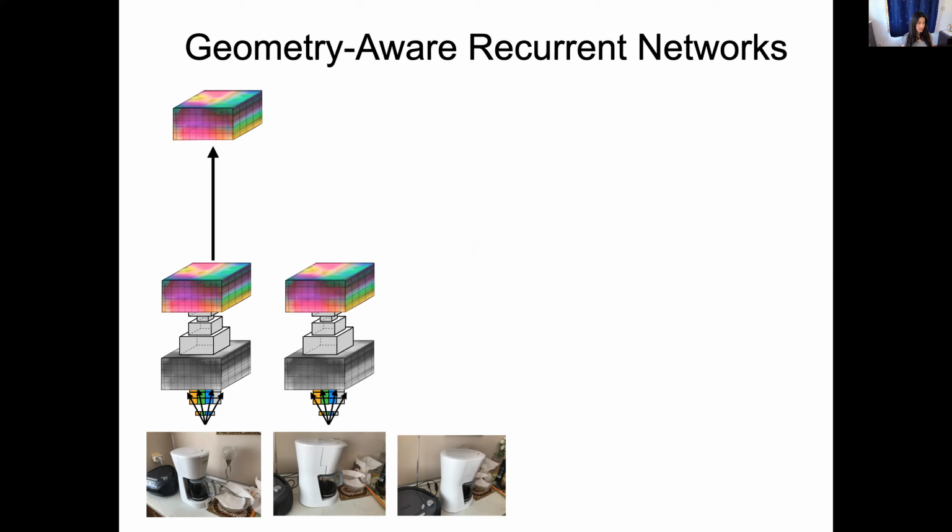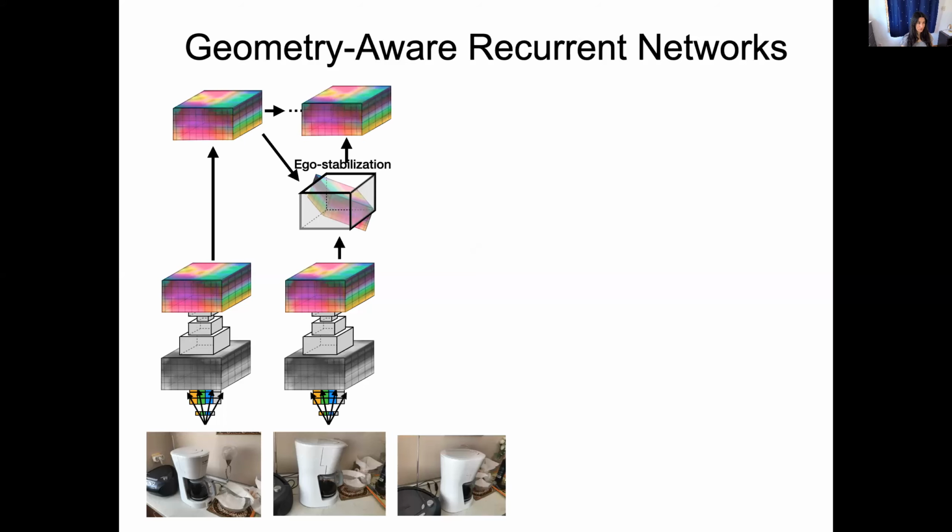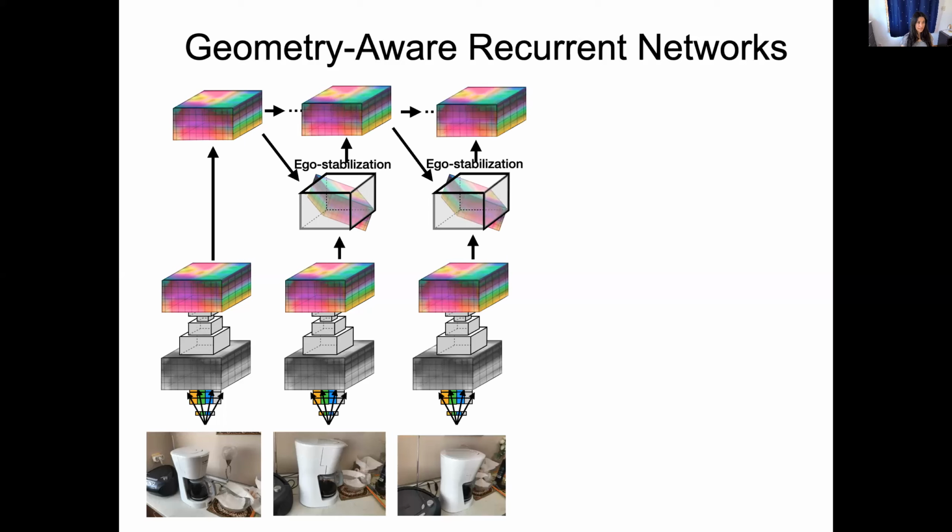And in the next frame, you do exactly the same thing, but before accumulating information, before fusing those 3D feature grids, you first estimate the 3D rotation and translation of the camera and use it to appropriately transform the 3D feature grid to bring it to the same coordinate system, to align it to the coordinate system of the first time step. So you do this again and again. It's as if the network learns SLAM in its latent bottleneck.